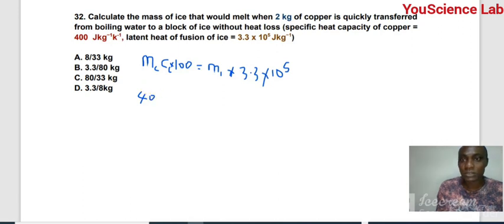Sorry, not the mass of ice, the mass of copper is 2 kilogram.